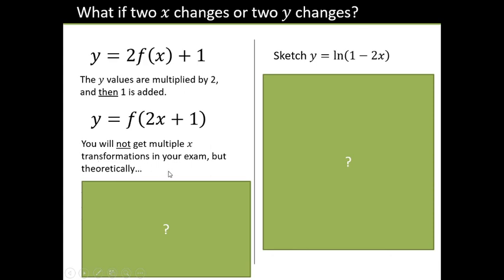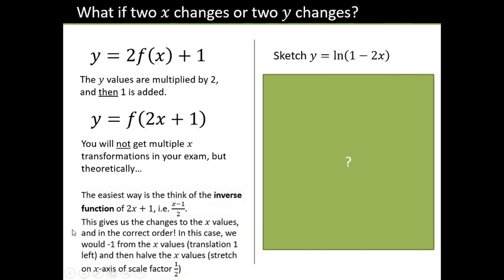You will not get multiple x transformations in the exam, but theoretically, if that's the case, the easiest way is to think of the inverse of the function 2x plus 1, i.e. x minus 1 over 2. This gives us the changes to the x values and in the correct order. In this case, we would subtract 1 from the x values, which would be a translation 1 left, and then halve the x values, which is a stretch on the x-axis of scale factor a half.